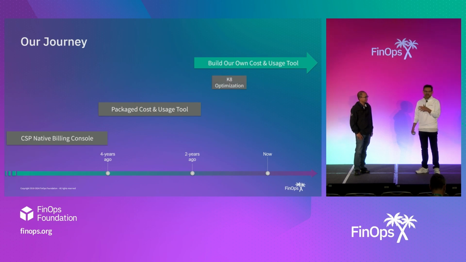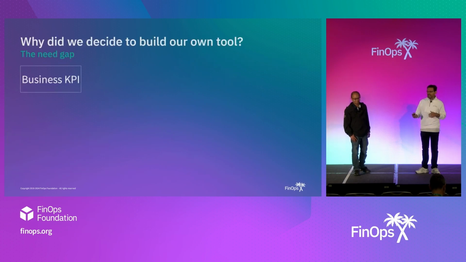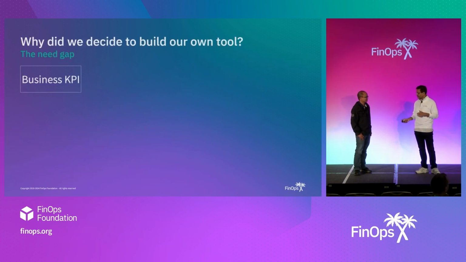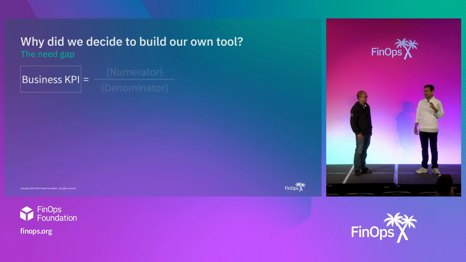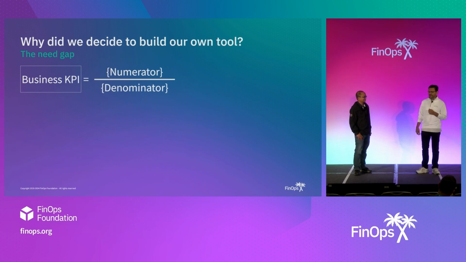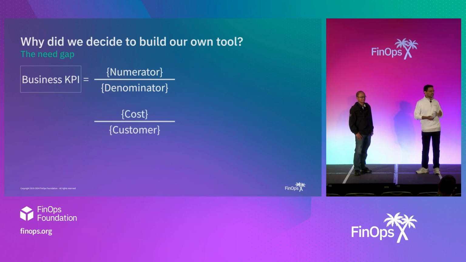And you know why we had to build our tool? With third-party package software or a billing console, you get the cost per instance or cost per EBS volume. But we wanted to bring in the business context to that data. When you say unit metrics, there is always a denominator, which is the enterprise data.